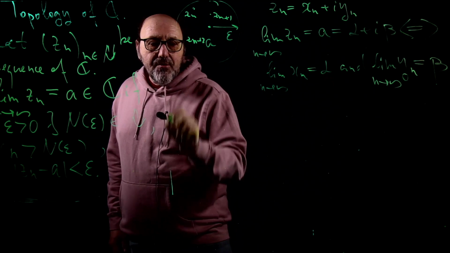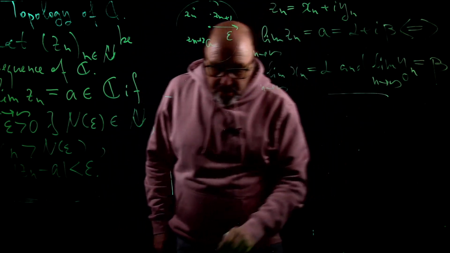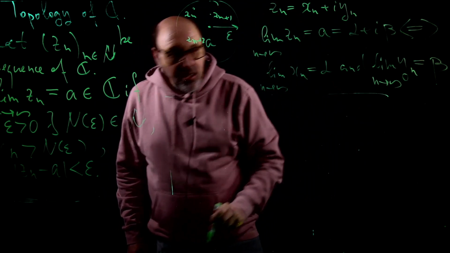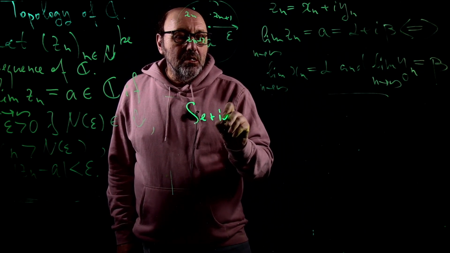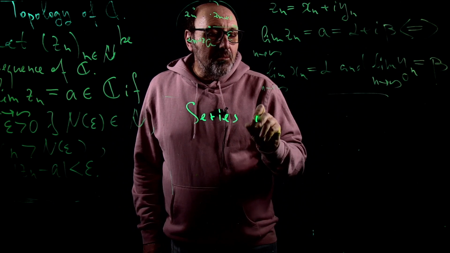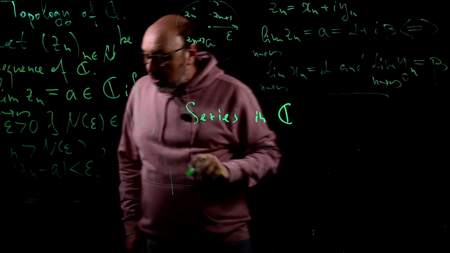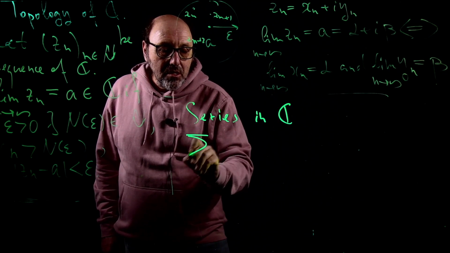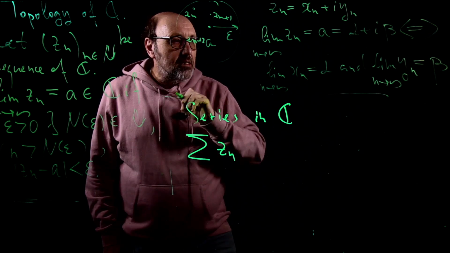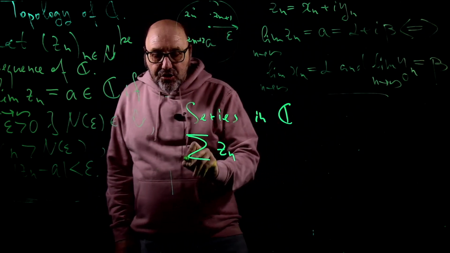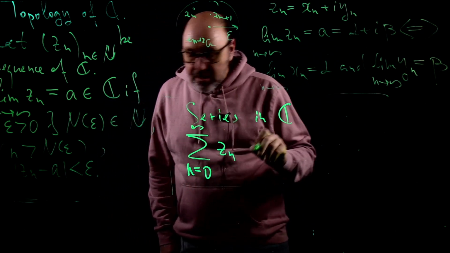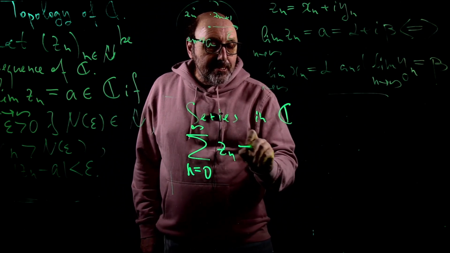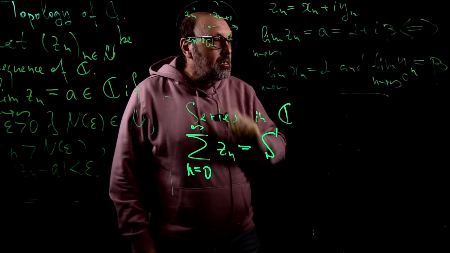What we need, and it is crucially important for our course, is the notion of the series of complex numbers. So if we have a series Zn, the series is convergent, and we have some S.